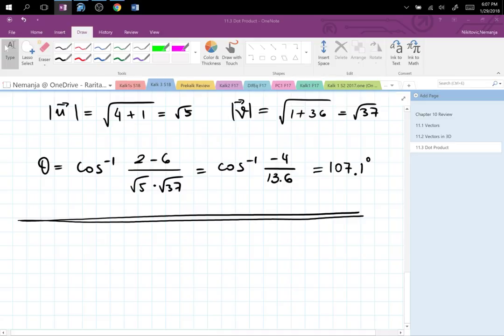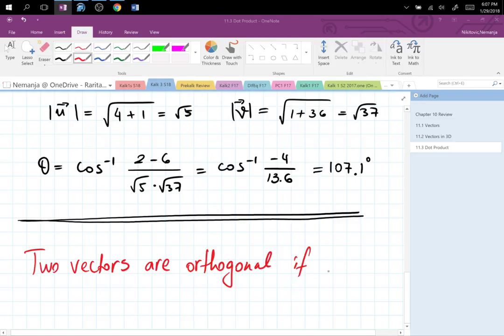So two vectors are orthogonal if and only if u dot v is equal to 0.